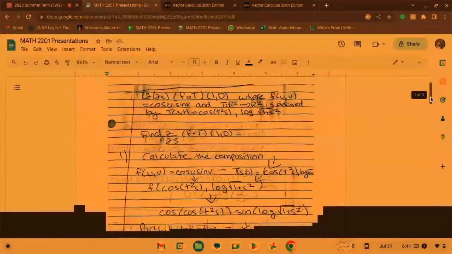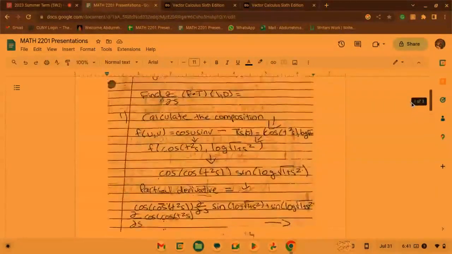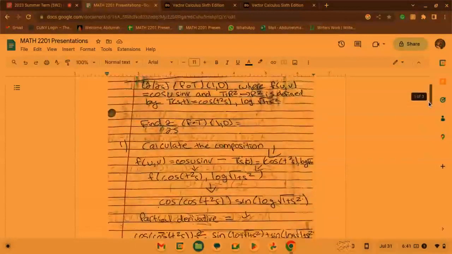So this is basically a partial derivative. You do the partial derivative and you get the simplified answer, which is right here. Let me present it step by step.